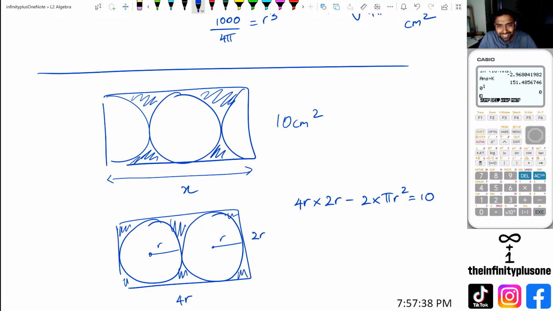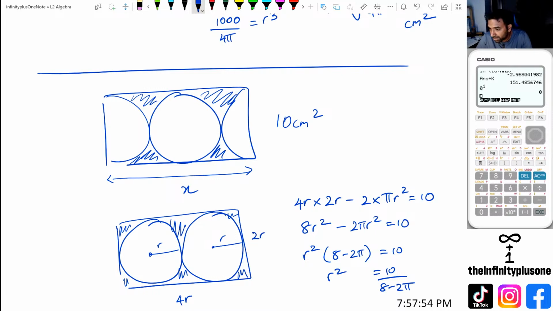Is that it? Because then you'd get 8r squared minus 2 pi r squared equals 10. R squared is a common factor. 8 minus 2 pi equals 10. And then r squared equals 10 divided by 8 minus 2 pi. Because wouldn't that be 4r, if the circles are like that?